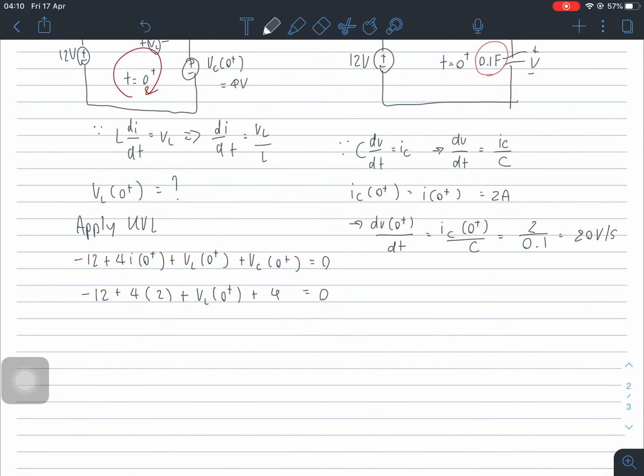So then we have vL(0+) equal to 0 from this equation.